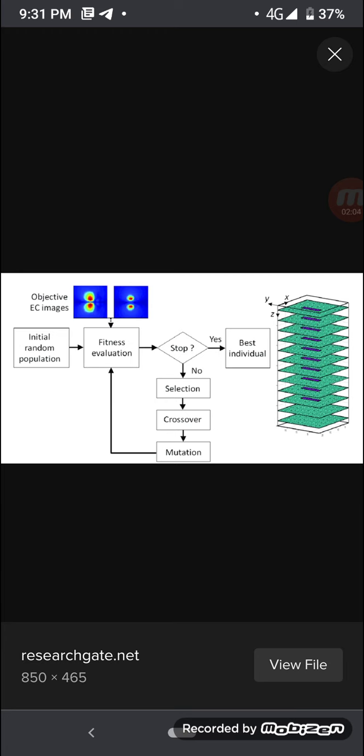Where they use a fitness function. It depends with what you're trying to reach, the optimum solution. It tries to find the best.